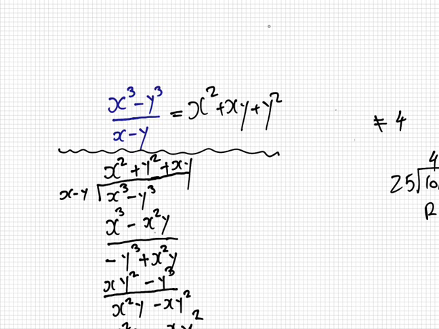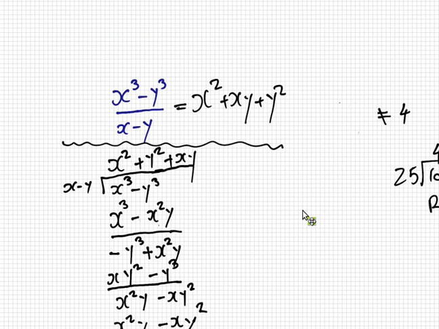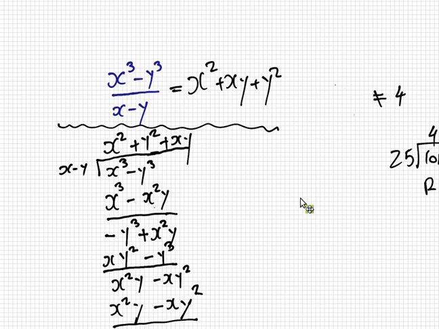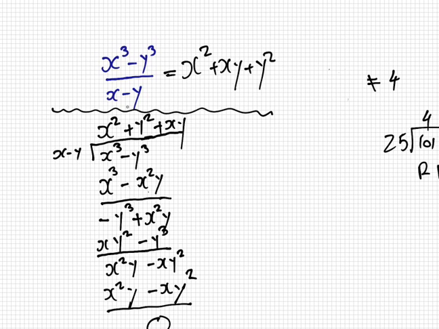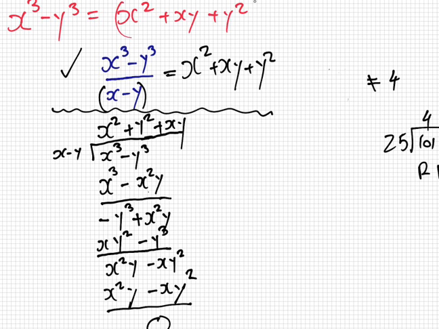And then Sultan, you mentioned something earlier. What did you say? Difference of cubes is what you said. This is the answer. But I want to show you something that maybe you saw in high school. If I take this up to the right, I get x cubed minus y cubed equals x squared plus xy plus y squared multiplied by x minus y.